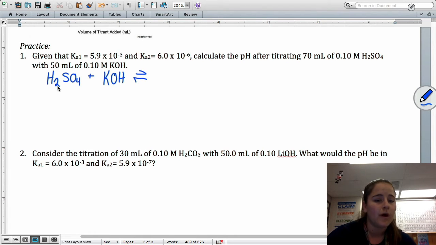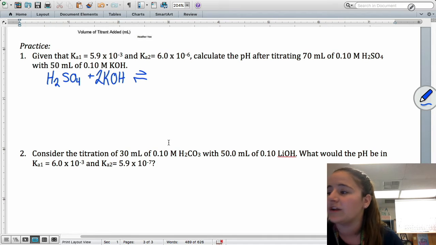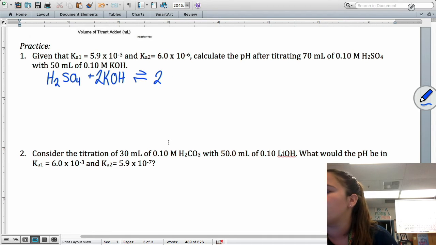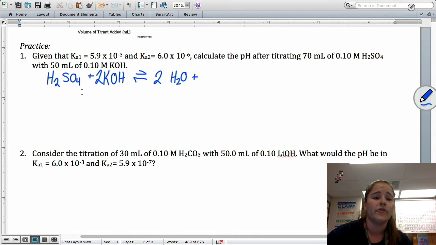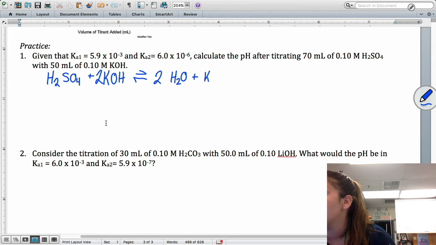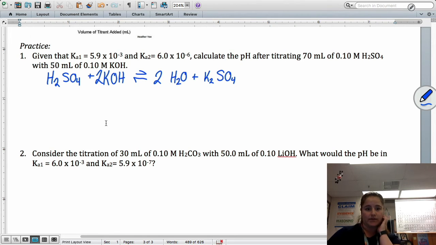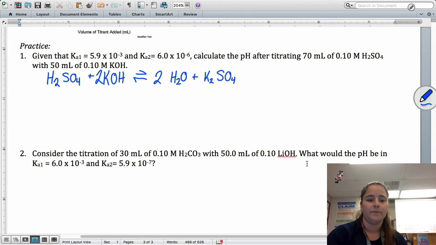So if I have 2 hydrogens here, they're going to react with 2 hydroxides. We're going to need 2 hydroxides from them to form those 2 molecules of water. And our salt, SO4, has a negative 2 charge. K is plus 1, so it'll be K2SO4 as our salt. Okay, so that's what's going on here.